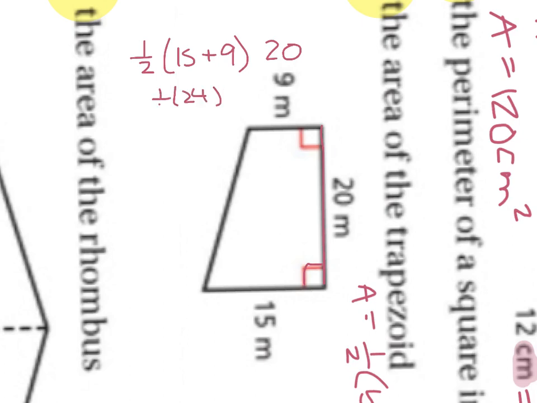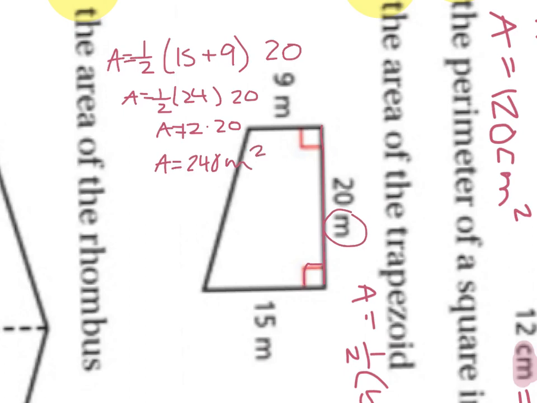And we need to multiply that by 1/2 and multiply everything by 20. 24 times 1/2 is 12. So we have 12 times 20. So our area is going to be 240. And here it gives us meters. So our answer is going to have meters squared.